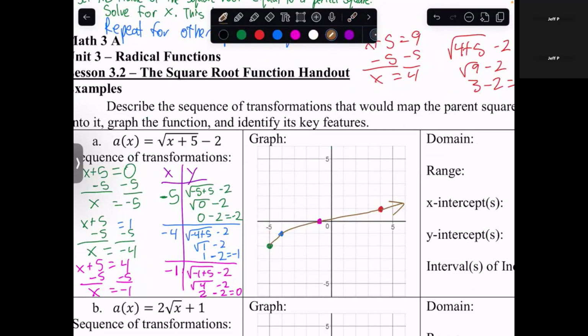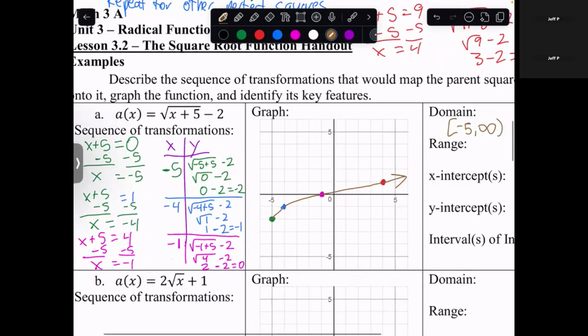Just looking at the graph, the furthest left it goes is -5. So the domain would be [-5, infinity). Range: the lowest the graph goes is the y value of -2, and this arrow is pointing upwards, so you do go upward forever.